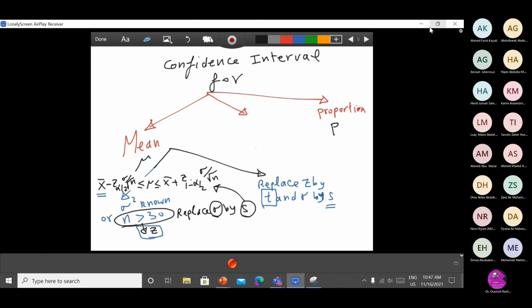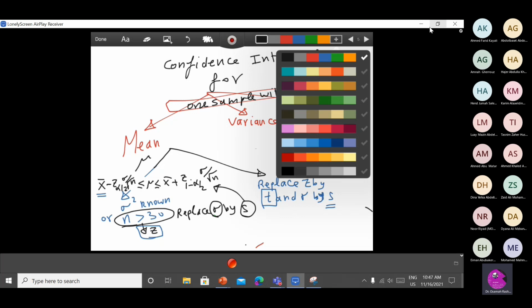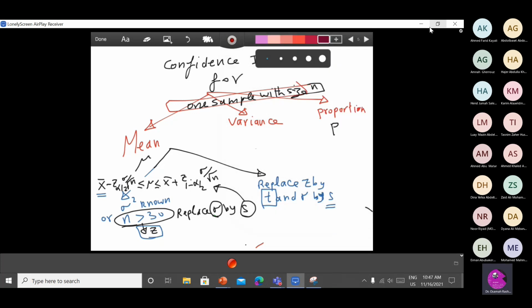When you go for the variance, you go for the chi-square, because you have only one sample. You have to get one sample with size n. For the variance, you go for the chi-square, and your variance, which is sigma squared, will be greater than what?